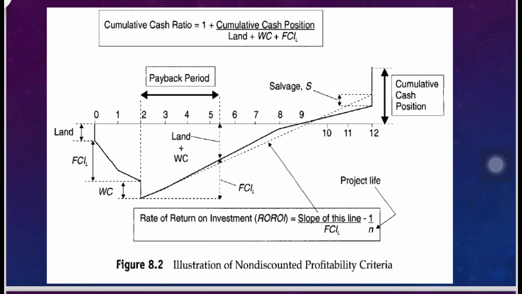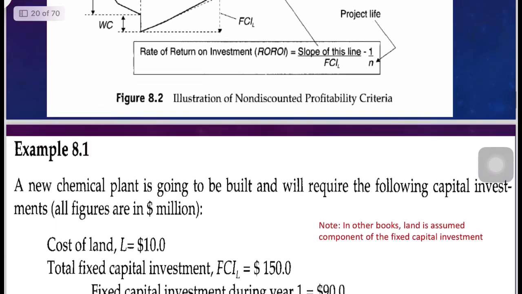So there is a positive slope. Then that line there is your rate of return, and then you have the payback period, in which you have already recovered your fixed capital investment and the working capital. All right. Okay.